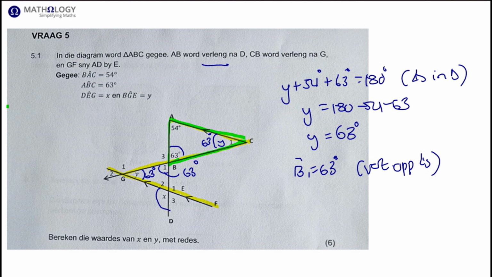And angle X, if we look at this triangle EBG, we can see that X is an exterior angle of that triangle. And X equals 63 degrees, which was called Y, plus angle B1, which we've just determined is also 63 degrees. The reason for the statement is the exterior angle of a triangle equals the sum of the two opposite interior angles. So X is therefore 63 plus 63, 126 degrees.